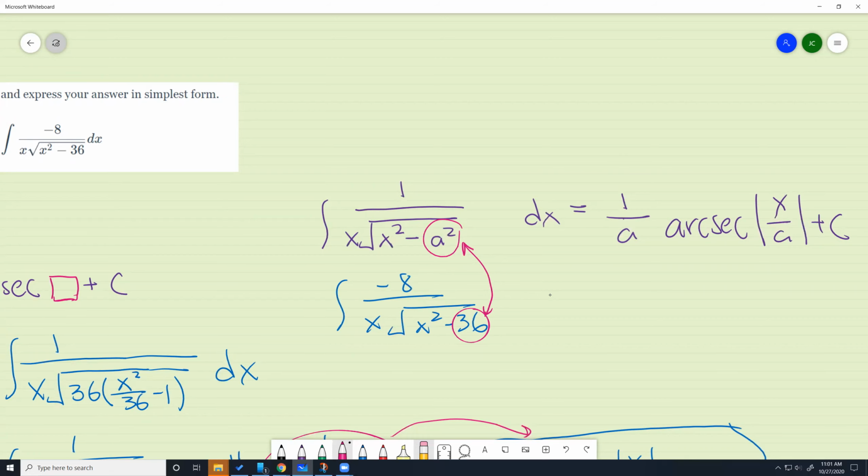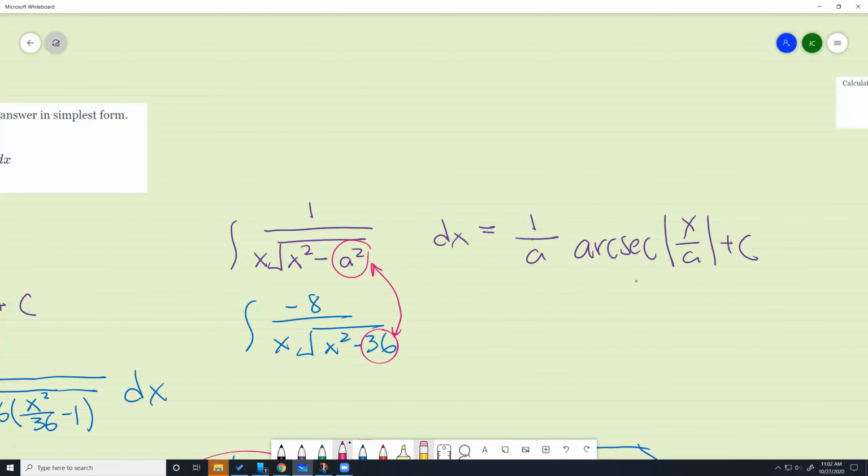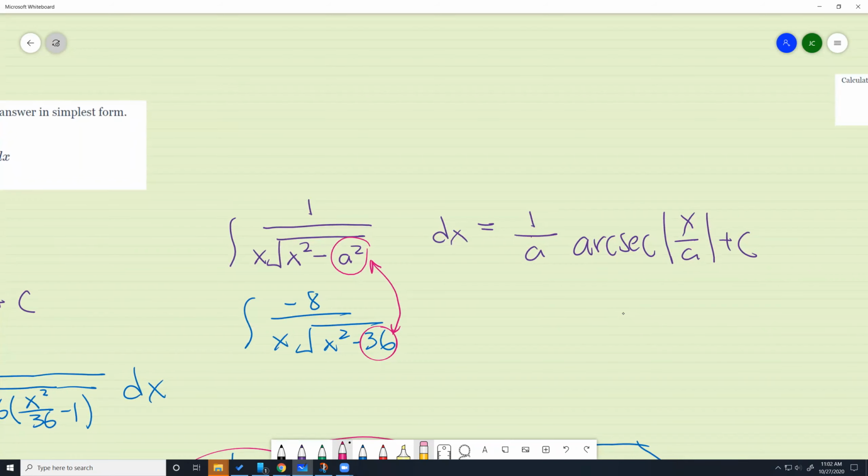That means a equals 6. So we're going to figure out what a is. And also, you just plug it in.